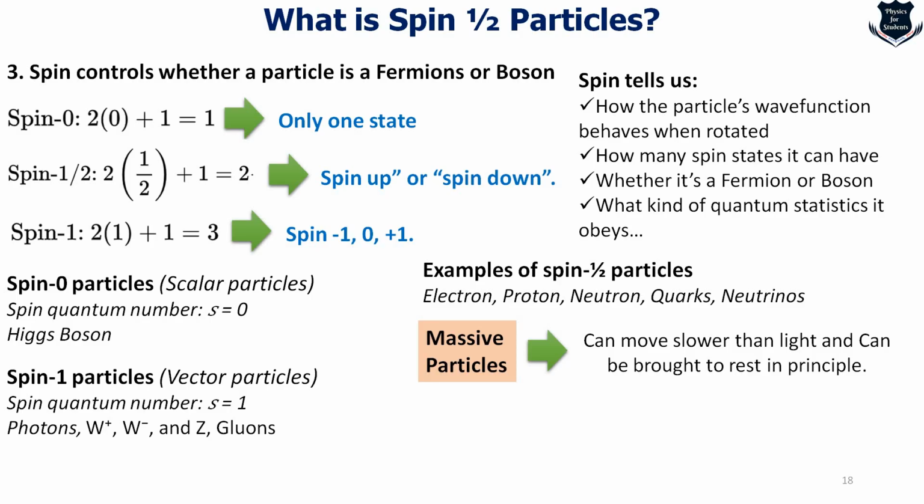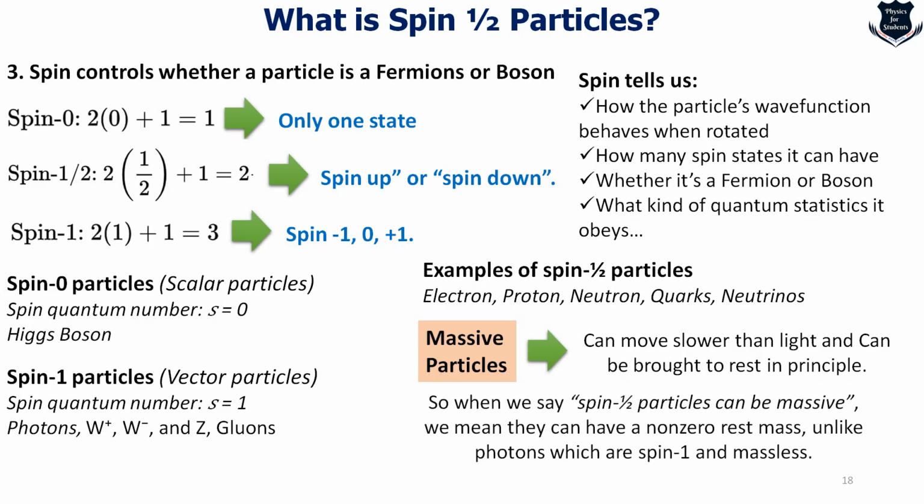Massive particle does not mean 10 kg or 12 kgs. And when we say spin half particles can be massive, that means they can have a non-zero rest mass, unlike photons which are spin 1 and massless. Now here comes the master stroke of Paul Dirac.